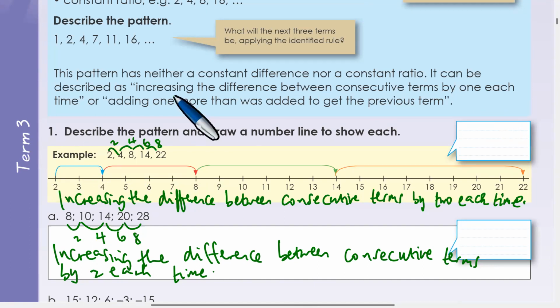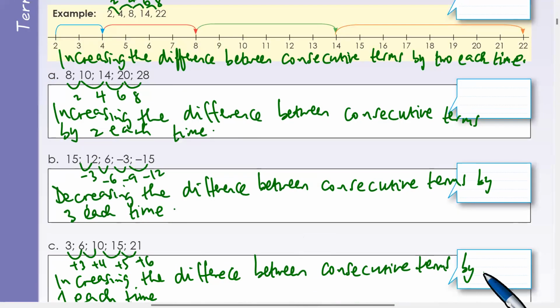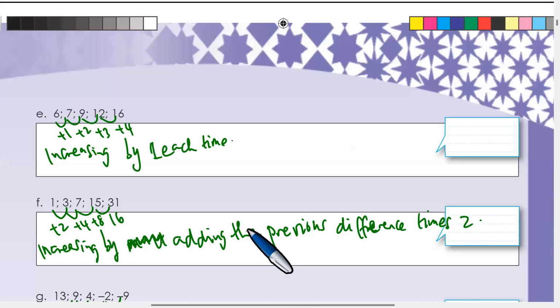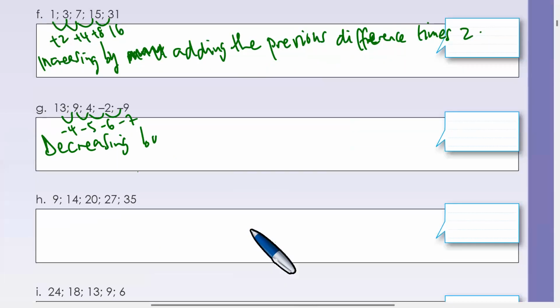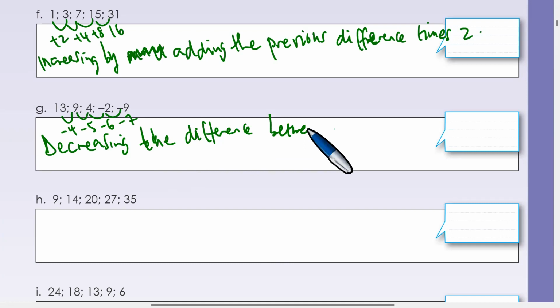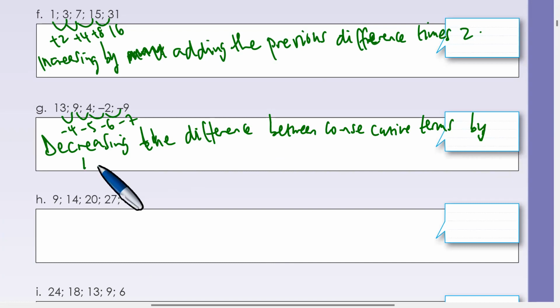So here you are decreasing the difference between consecutive terms by 1 each time.